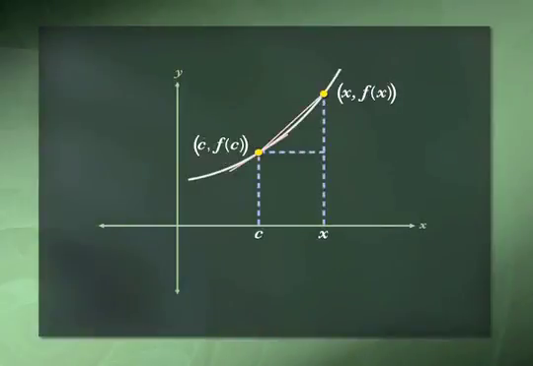Here's a picture of what I just talked about. Notice that we have the point (c, f of c), and we want the slope at that point. The neighboring point is (x, f of x), and then we formed the difference quotient, change in y's over change in x's, and that gave us our definition.